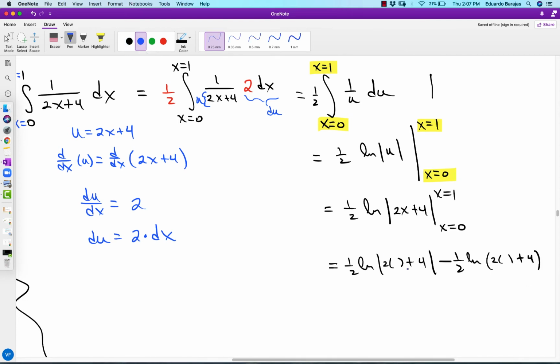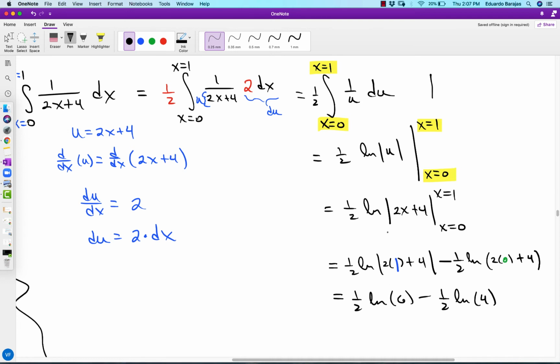And so we either plug in a 1 from here or a 0 over here. And we still end up with our answer of 1/2 ln of 6 minus 1/2 ln of 4. So we get the same result as before.